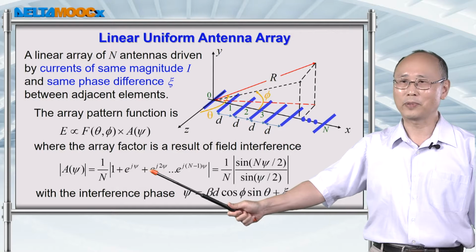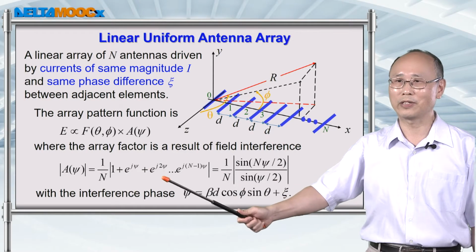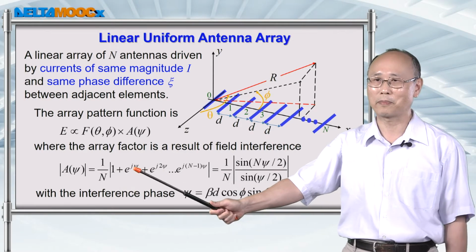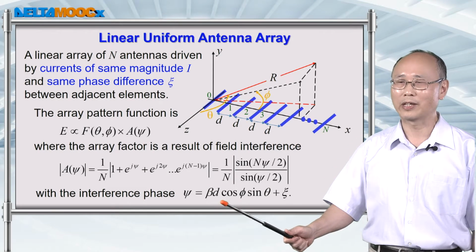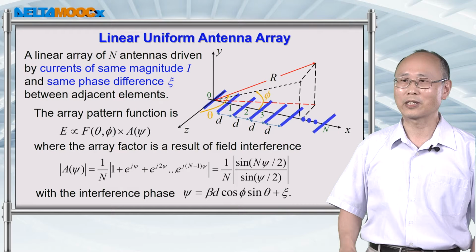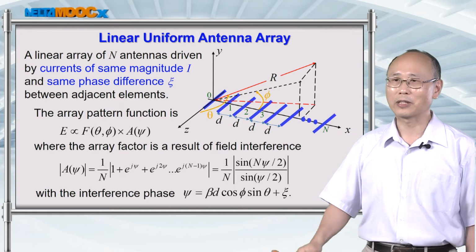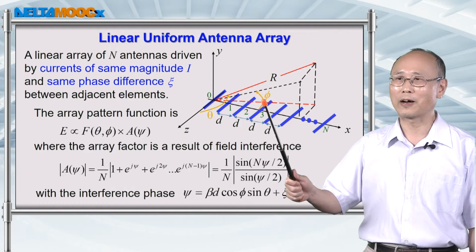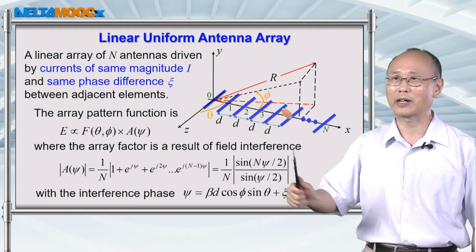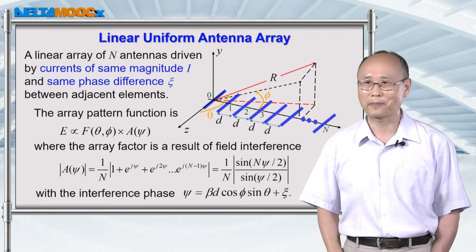Between two antennas, there's a phase difference of psi, which is given by this expression. And we have seen this expression before. This is basically the phase difference of the field from two adjacent antennas.